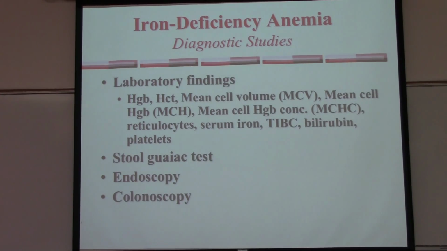Reticulocytes are what? They're going to be high. Oh, sorry. Well, I've got to think about this a minute. I guess it depends on the reason. They're high. The reticulocytes normally, no, they're low. I'm sorry. In iron deficiency, they're low because you can't make the reticulocytes.